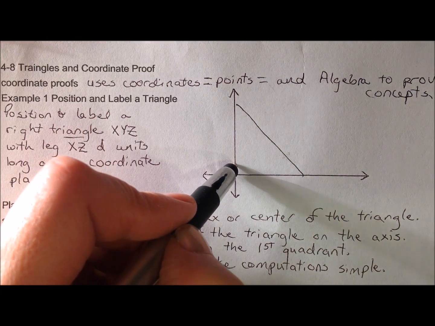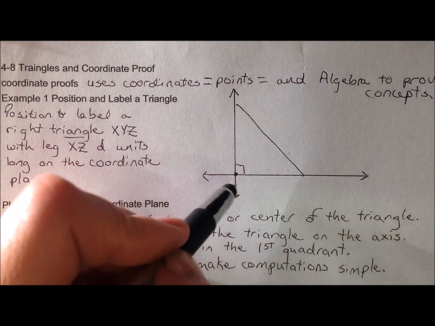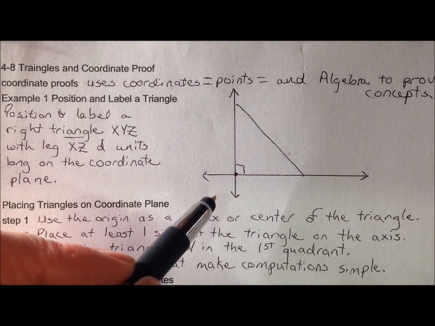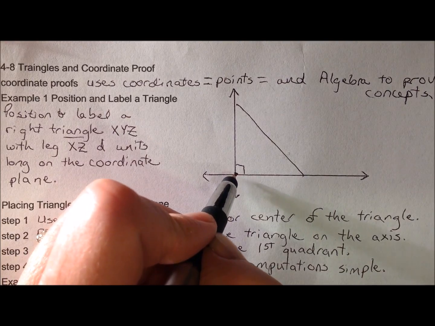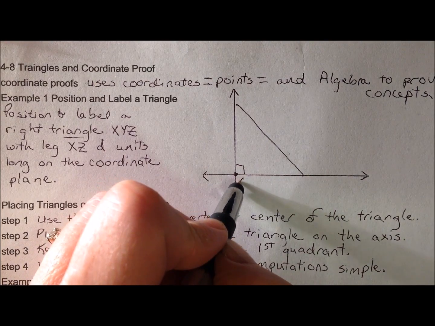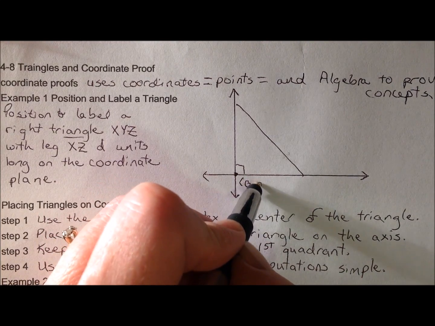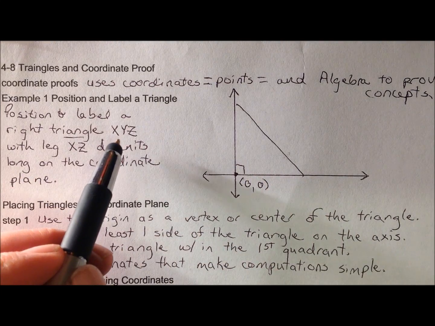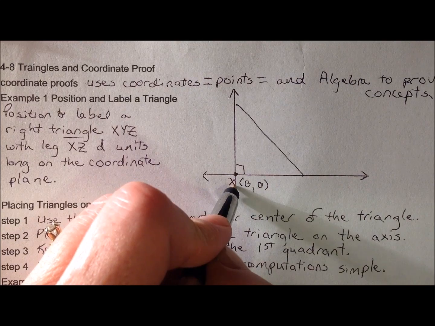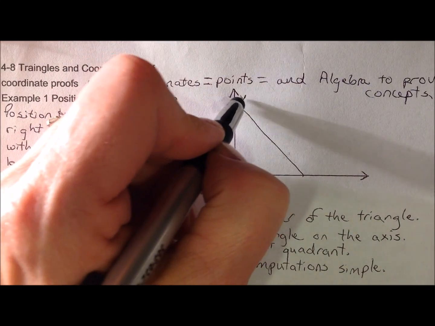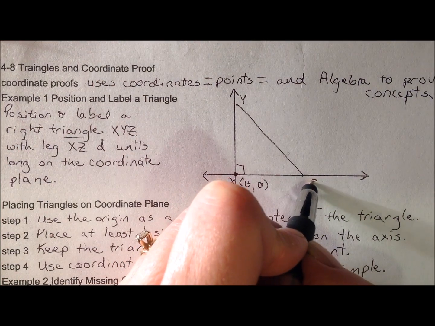So we'll draw that line there, and we'll also put in our symbol for a right angle, so we remember that is 90 degrees. And we know that this vertex then has the coordinates of 0, 0. We want this triangle to be called x, y, z, so let's say this is x here, this is going to be y, and this point over here will be z.